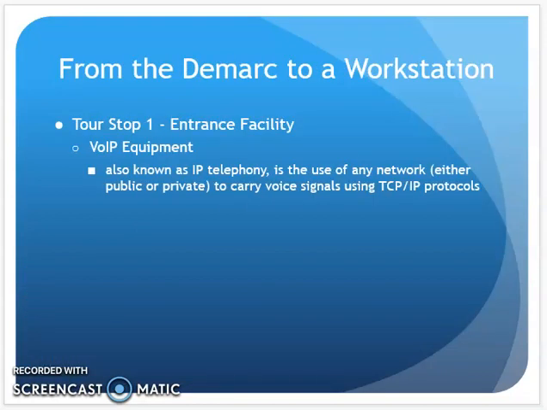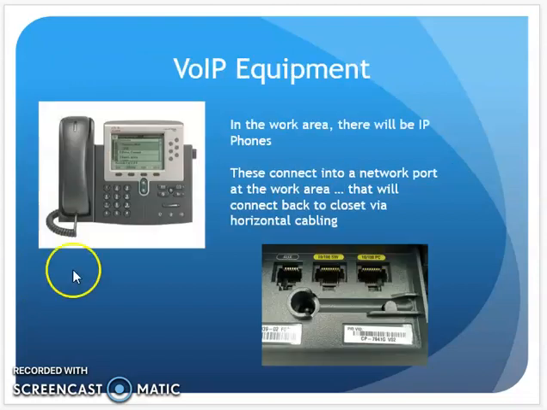I might also have some voice over IP equipment. Anytime we have a device that takes our voice, converts it to send it across a data network, that's voice over IP or IP telephony. So my devices, I think I have down here an IP phone.